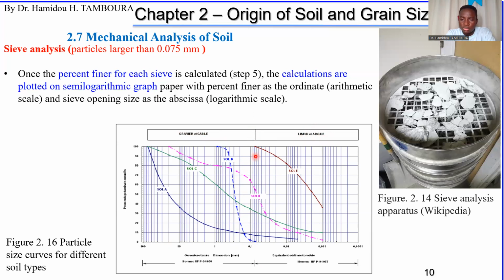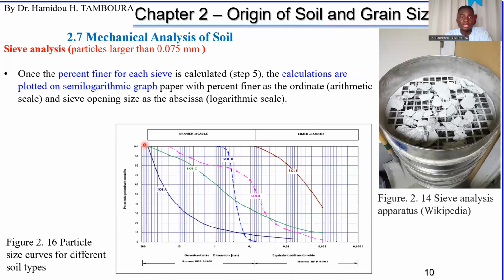So for soil E, as you can see, it's mainly very fine grain, no sand and gravel.